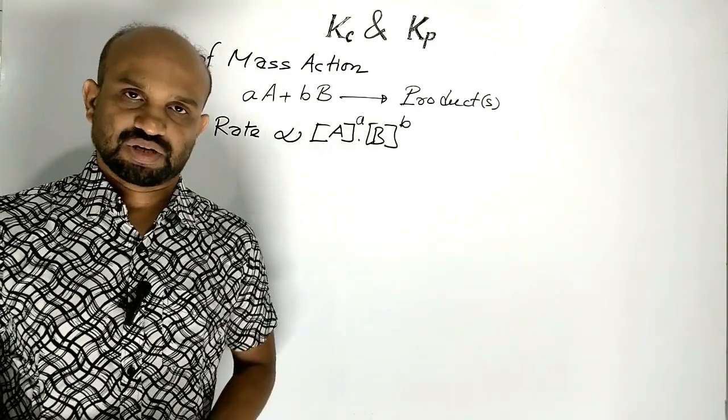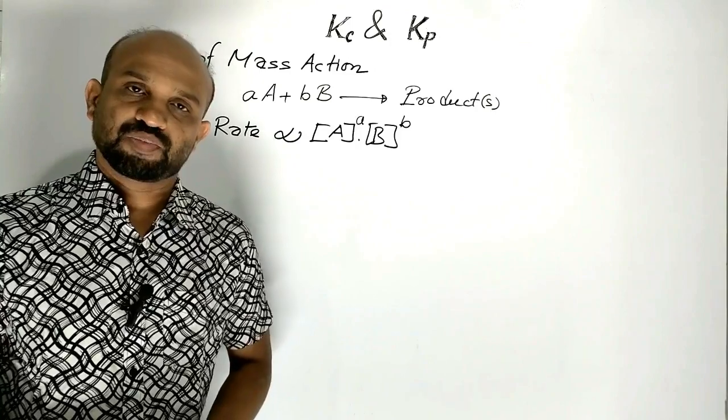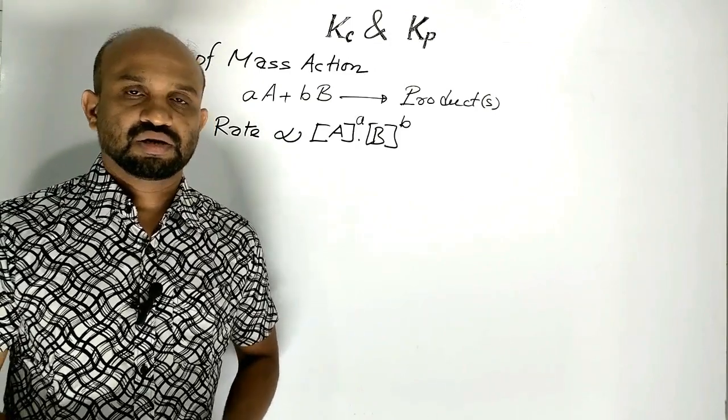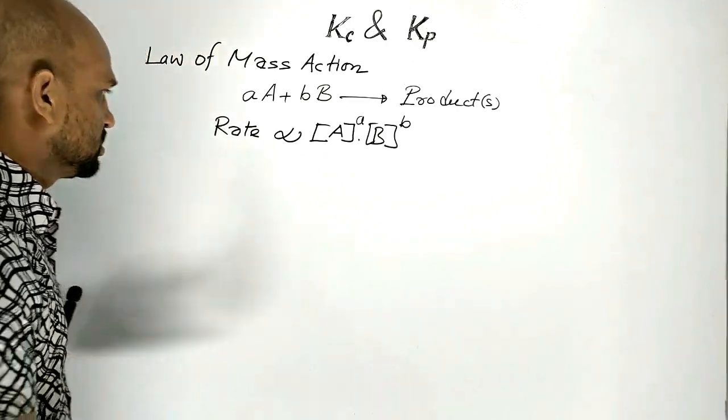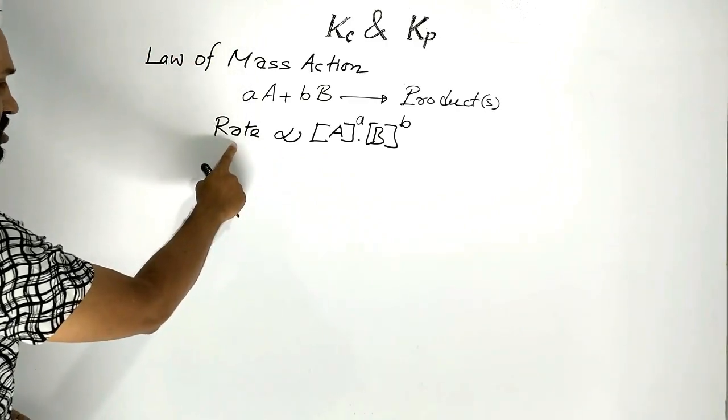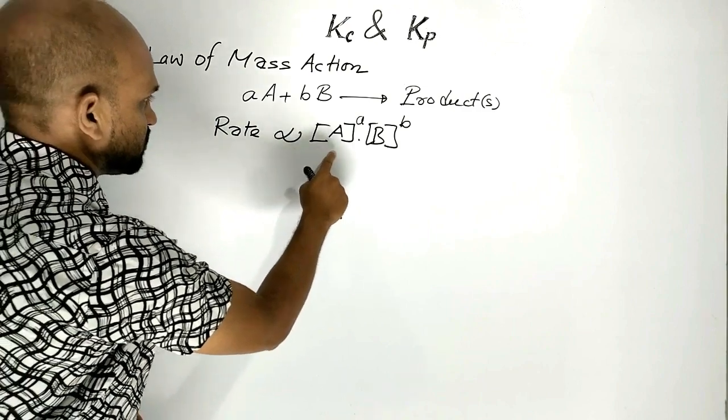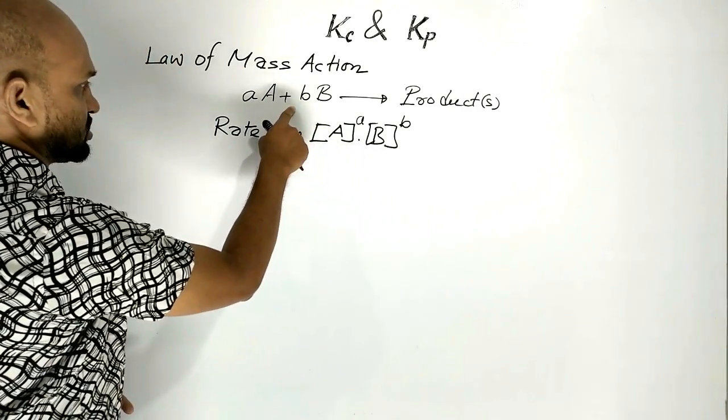What is the rate of reaction? The change of concentration of reactants per unit time is rate of reaction. So, rate of reaction is directly proportional to the product of the concentration of the reactants.